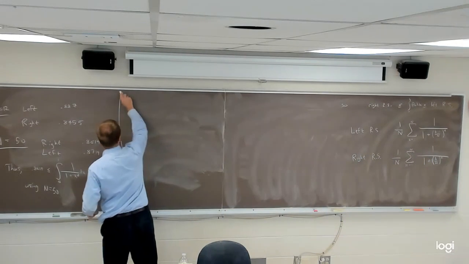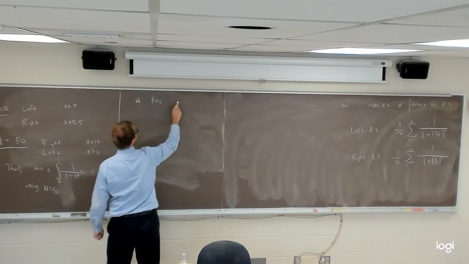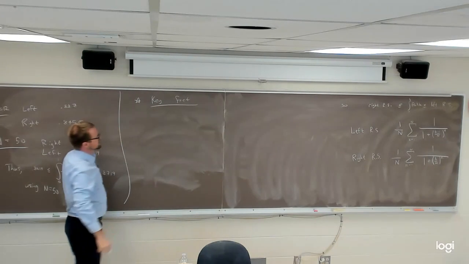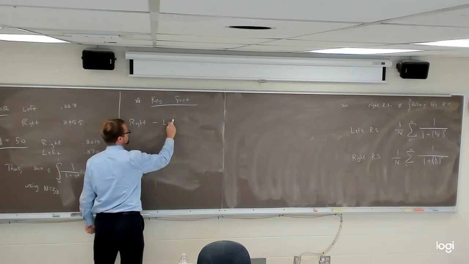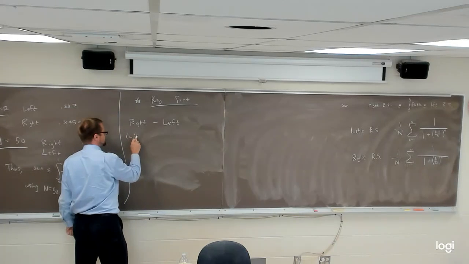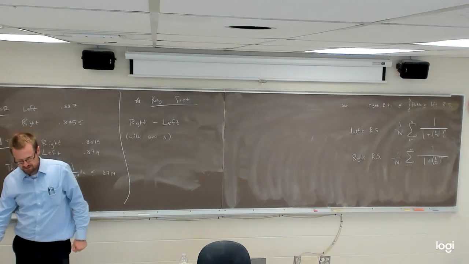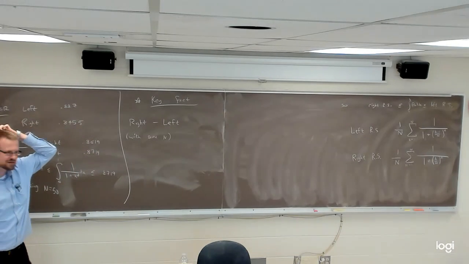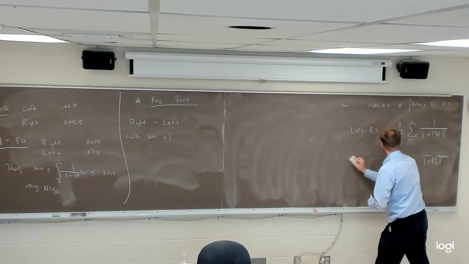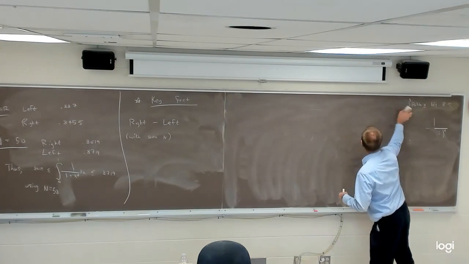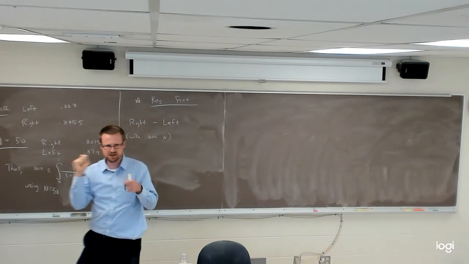So, this is sort of a key fact. If I take the right minus left Riemann sums with the same n, all those middle terms cancel out, right? So if I have x0 through x99 and x1 through x100, the only terms left that I'm subtracting are x100 and x0.